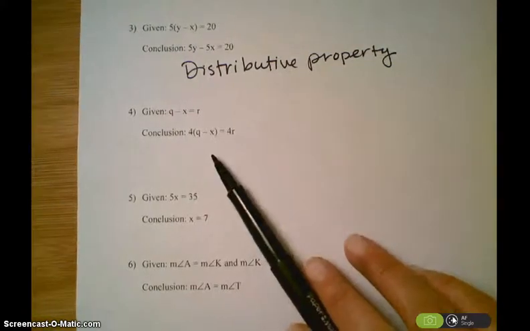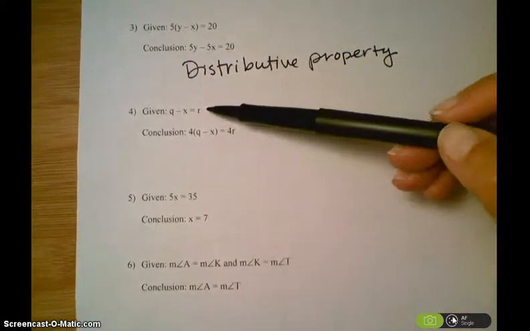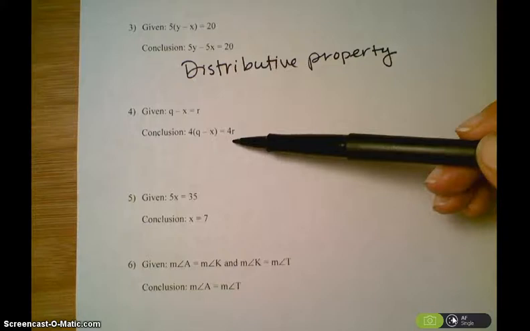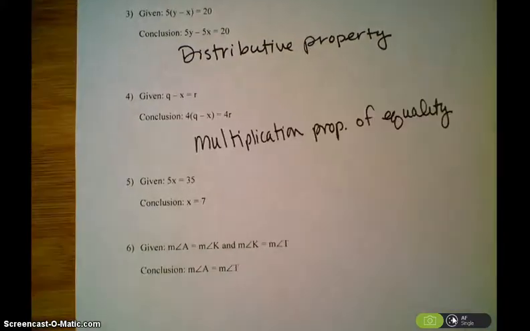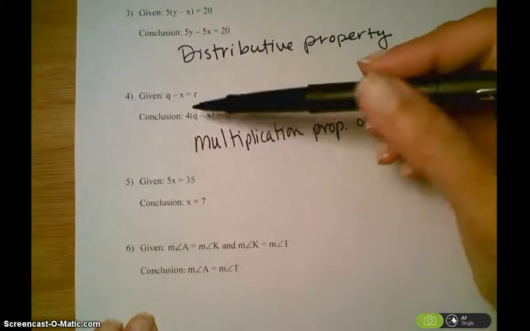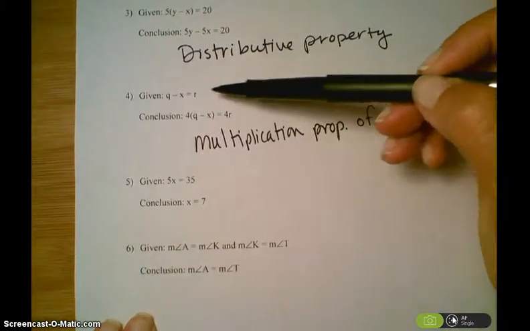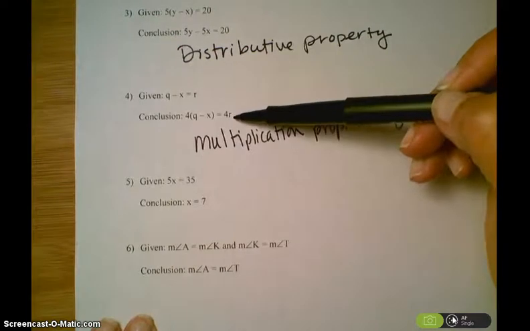And number 4, q minus x is equal to r, and then our conclusion. What do you think happened? Hopefully you got it. It's the multiplication property of equality. What changed was the original equation was multiplied by 4.